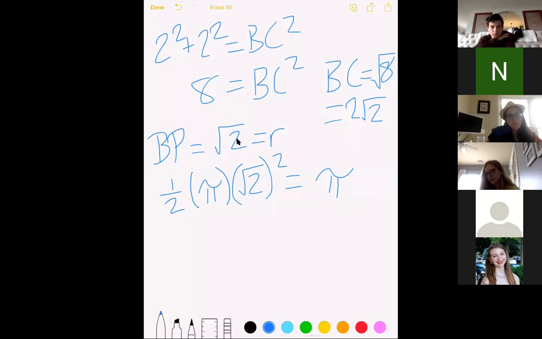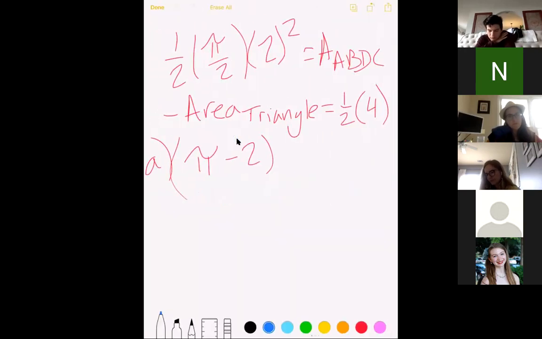But then I should be able to subtract the area of BACD or ABDC, the white area, which we found at the beginning, which should have been 1/2 pi over 2 because it's a 90-degree angle.